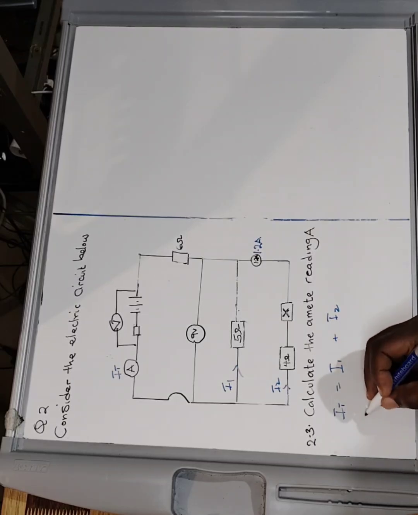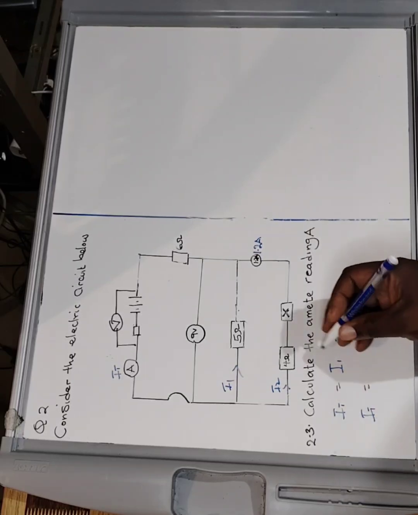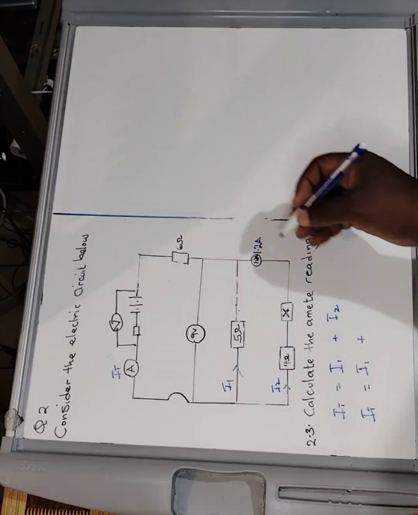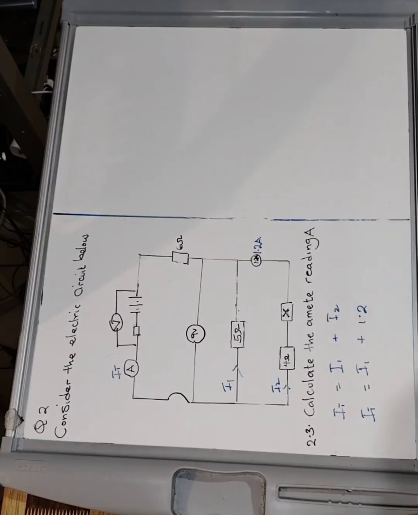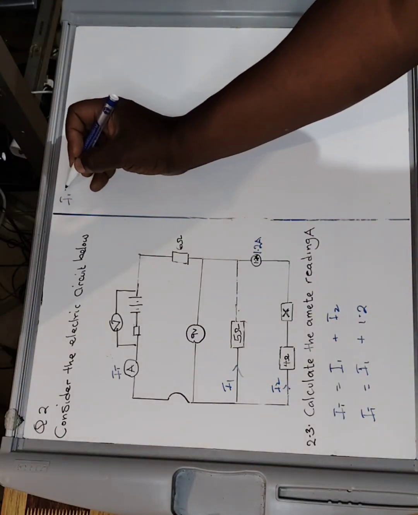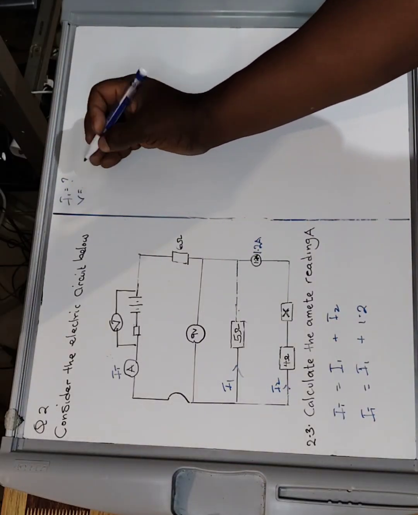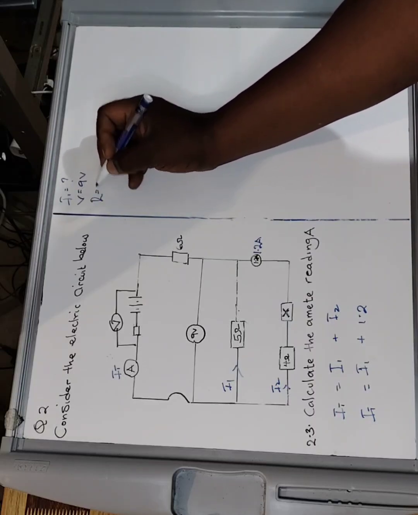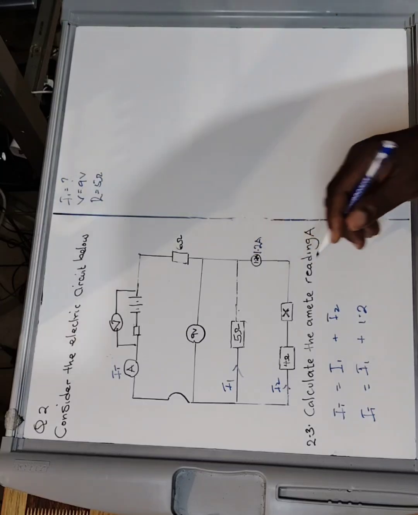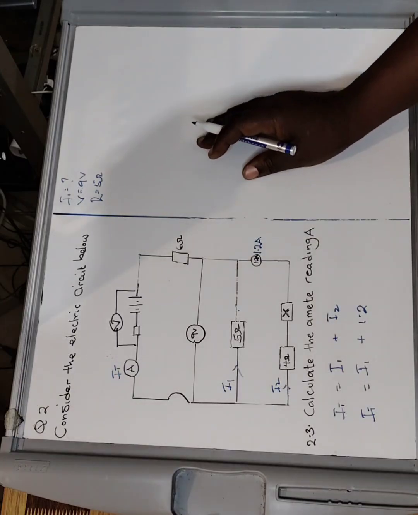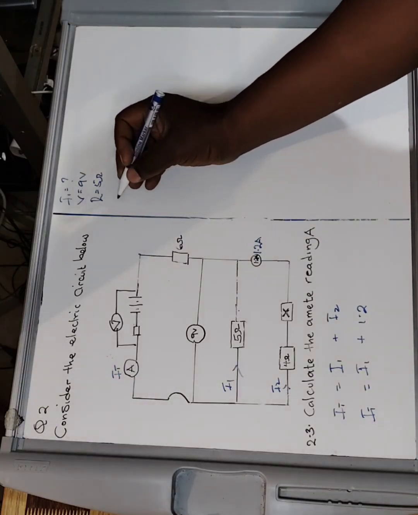So I total, what is I1? I1 is calculable, so we'll calculate it. But I2, we know it was given, it's 1.2. Then how do you get I1? You are looking for I1. You know the PD across, which is 9 volts, and the resistance, which is 5 ohm. These 2 serve to give you I1.